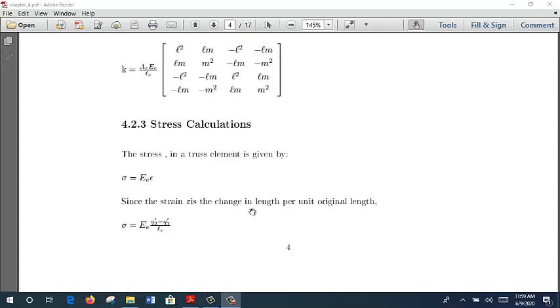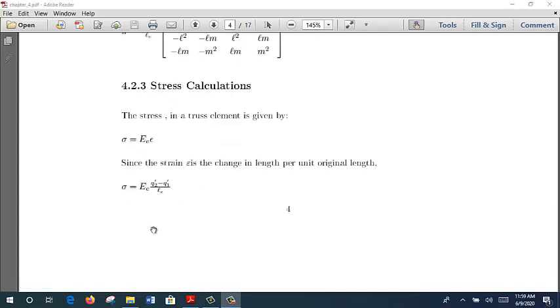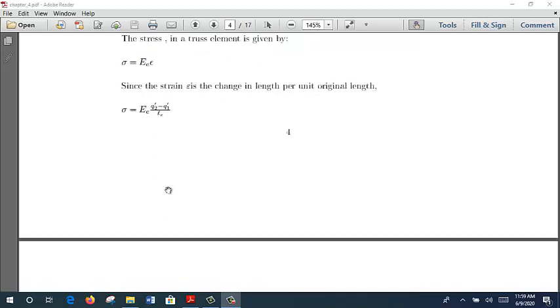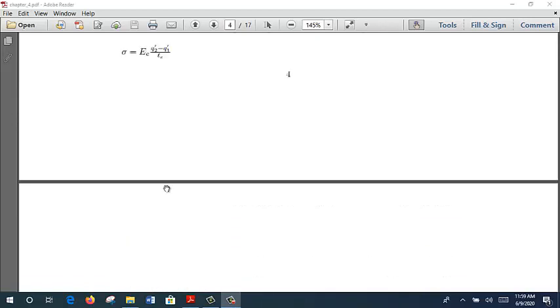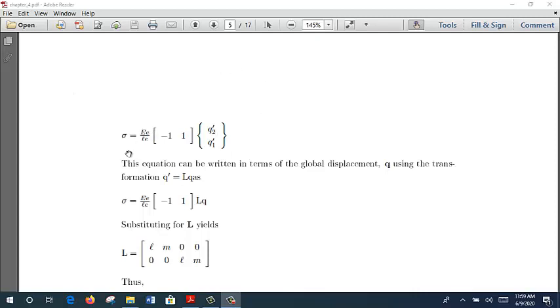Since the strain is the change in length per unit original length, you substitute the strain with the other formula, Q2 prime minus Q1 prime over LE, which is the formula for the strain. From that, you get these things.